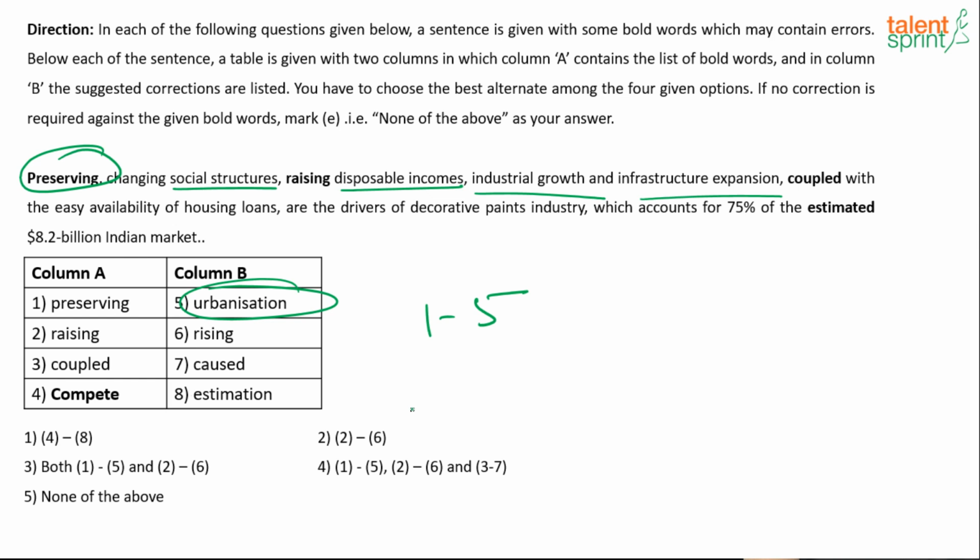Coupled with the easy availability of housing loans are the drivers of decorative paint industry, which account for 75% of the. Okay. Raising disposable income. Is it raising disposable? Are we supposed to raise it, or is it already rising? So it is rising disposable income. Alright, so 2 will change to 6. Industrial growth and infrastructure expansion coupled with.